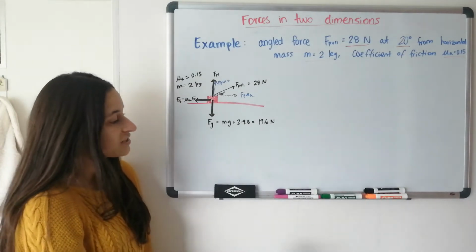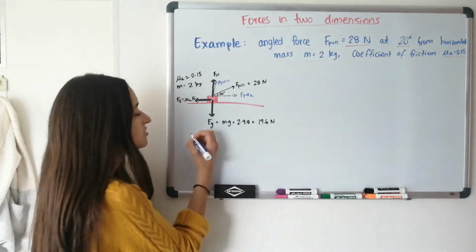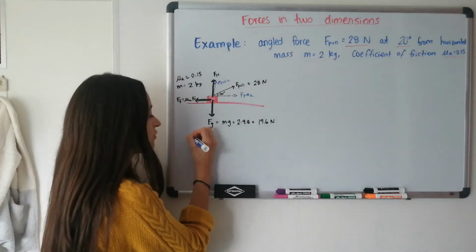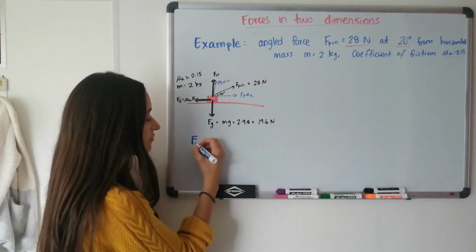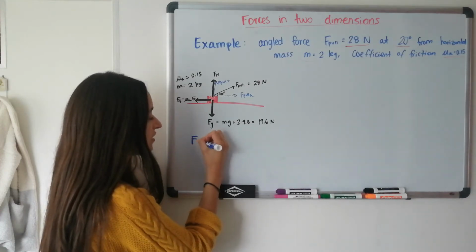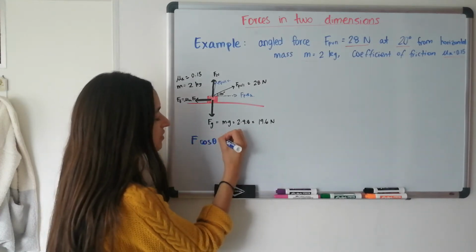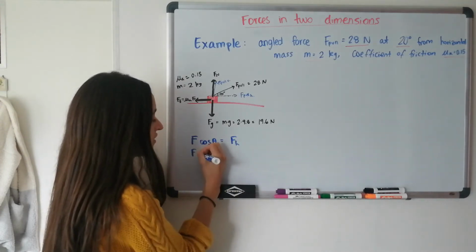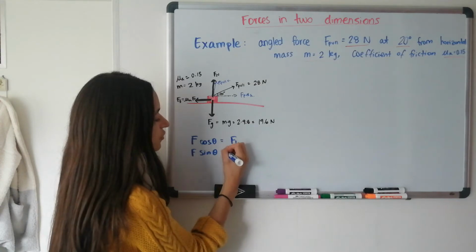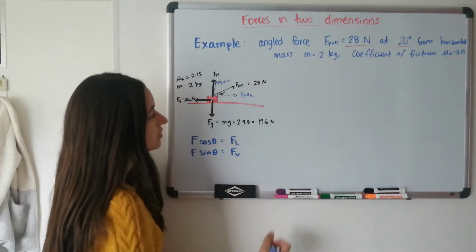And we need to remember the equations for the components, which are, when we have a force F at an angle theta, F cos theta is the horizontal component, and F sine theta is the vertical component, right?